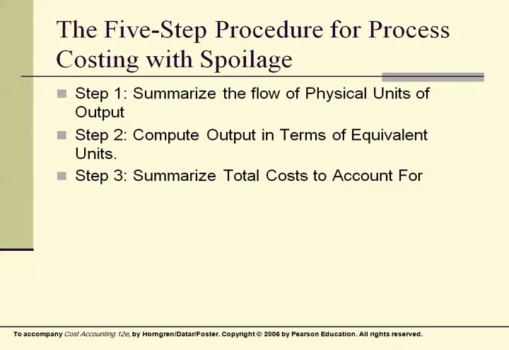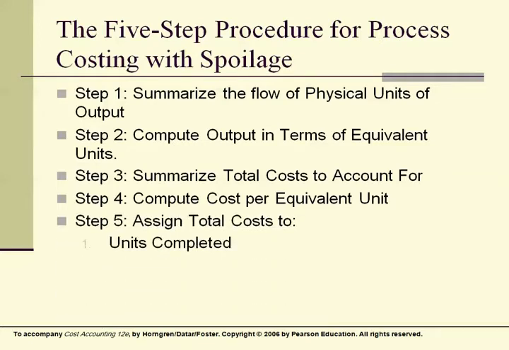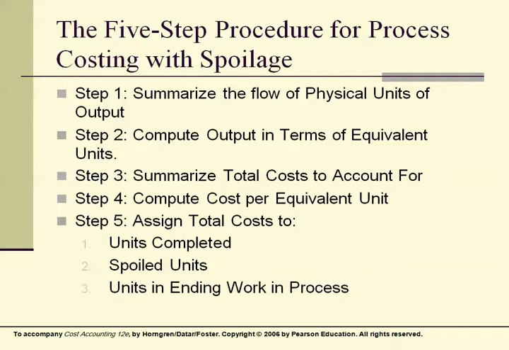Summarize total costs to account for. Step 4. Compute cost per equivalent unit. Step 5. Assign total costs to number 1, units completed, number 2, spoiled units, number 3, units in ending work in process.